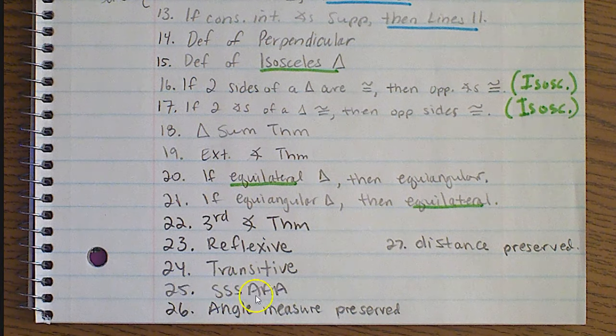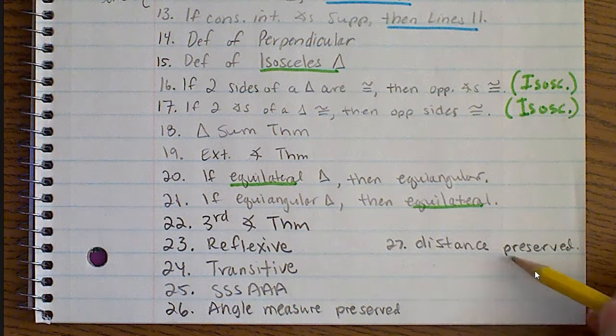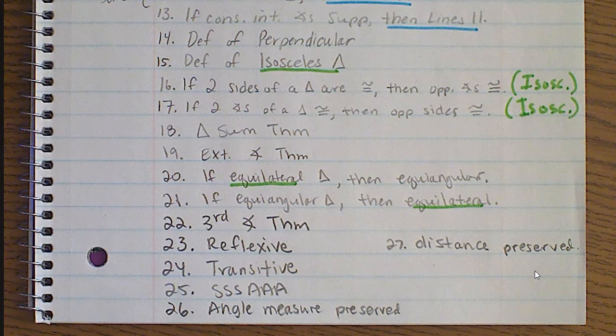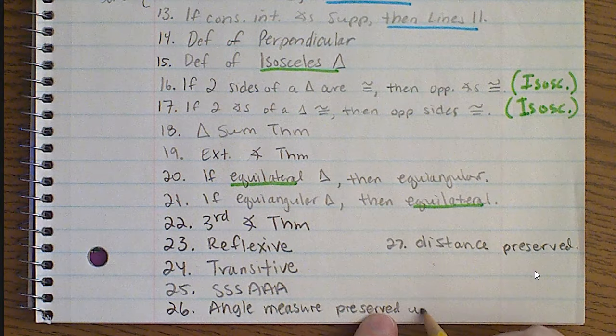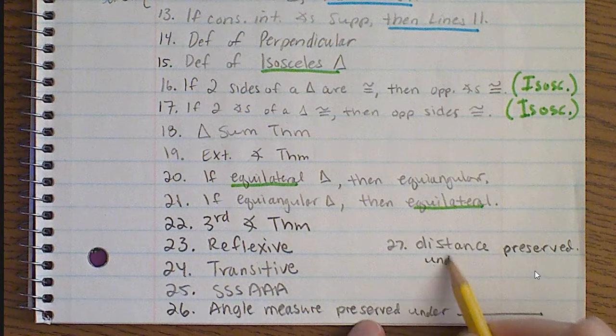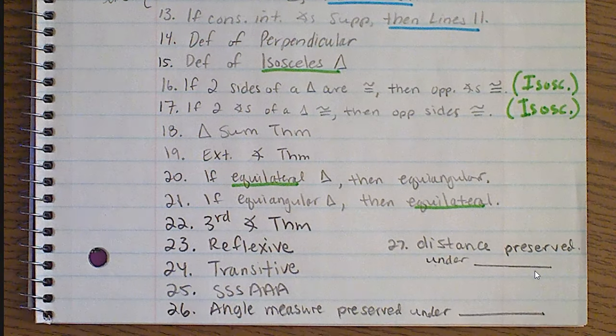Find all three sides, all three angles are congruent. And then angle measure and distance are preserved. I did not write under reflections because it could also be under a rotation or under a translation. So I would just put under blank. And that's going to change depending on the context of the question.